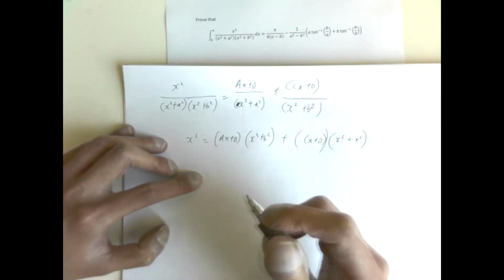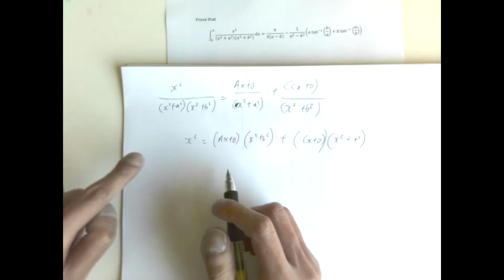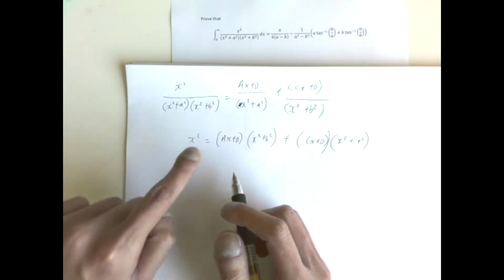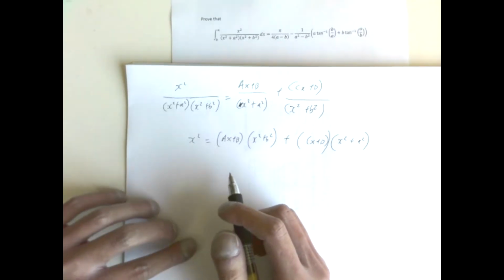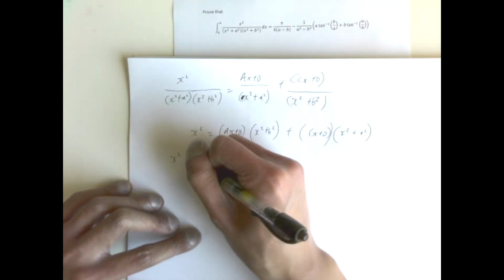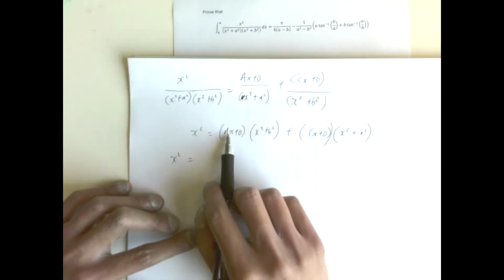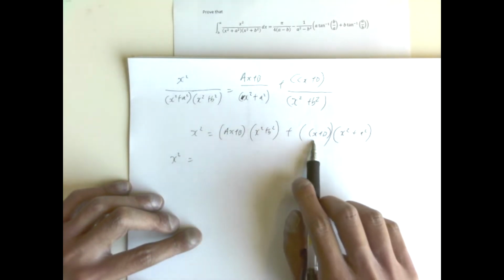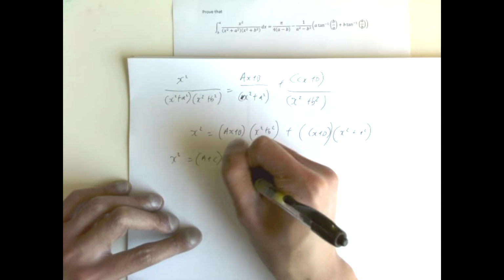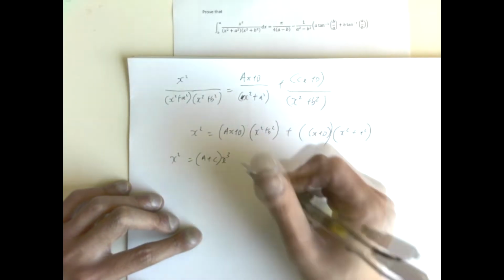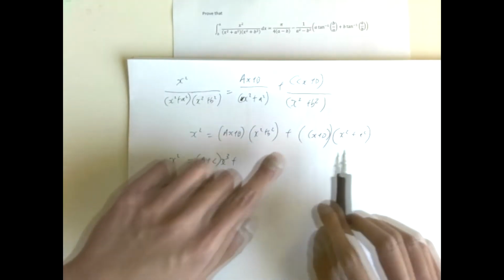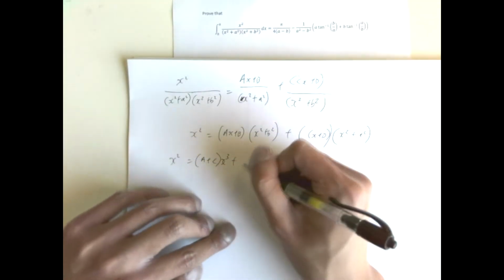equating coefficients. On the left hand side we got no x cubes, 1 x squared, no x, no constants. So for the x cubed terms we got Ax times x squared, Cx times x squared. For the x squared terms we got B x squared and D x squared.